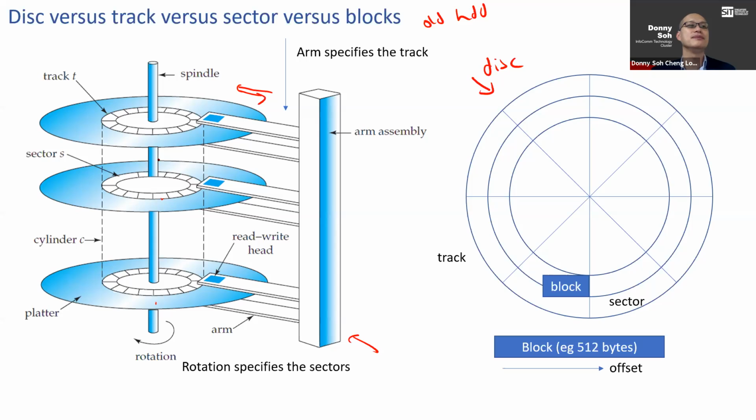You will then spin towards finding the sector, and finally read the block from that sector. So this is how memory is read from your disk, at least in the past.